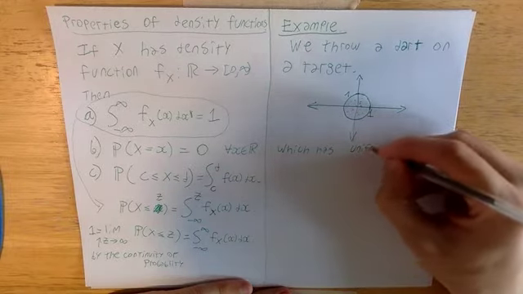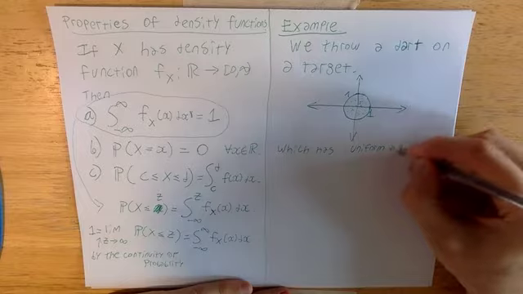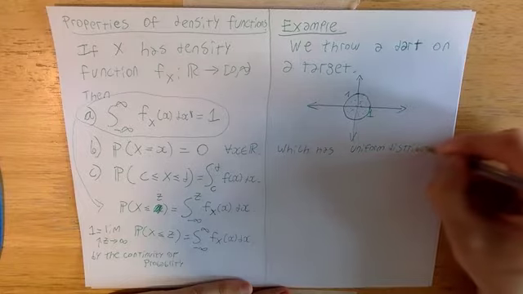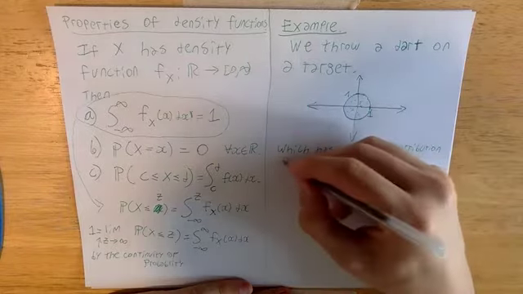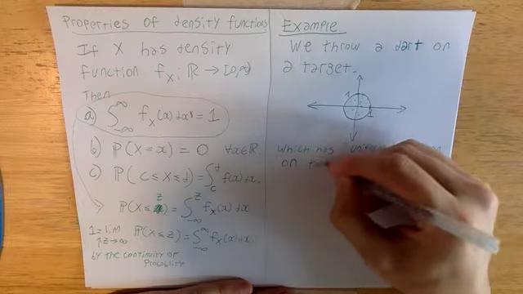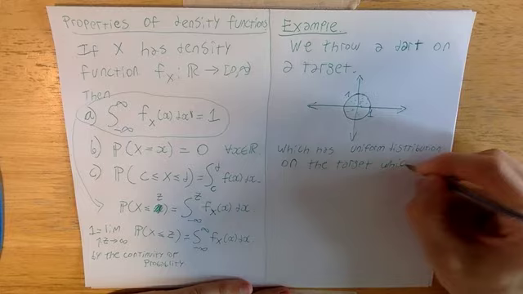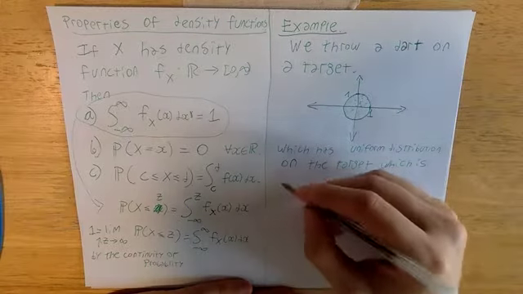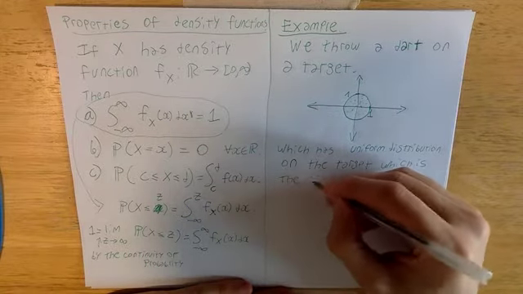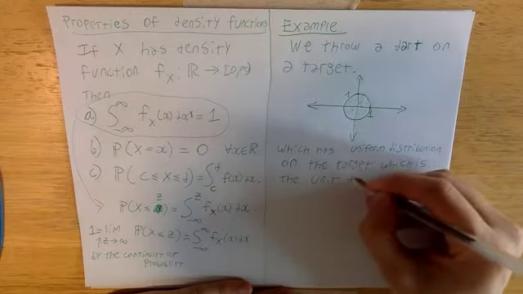uniform distribution on the target, which is the unit disk.